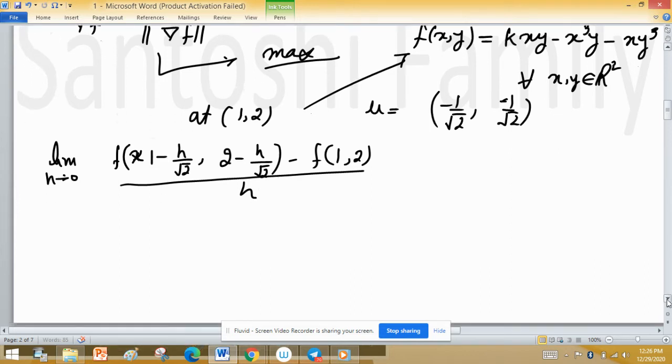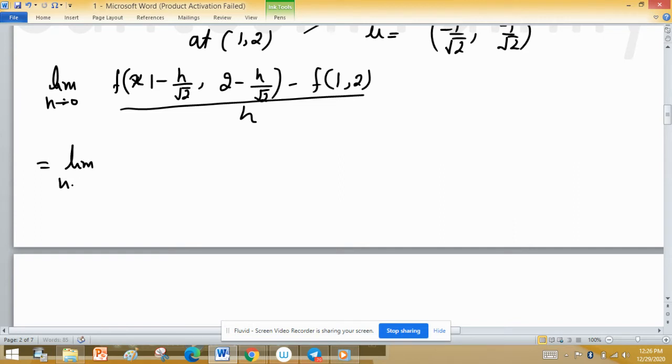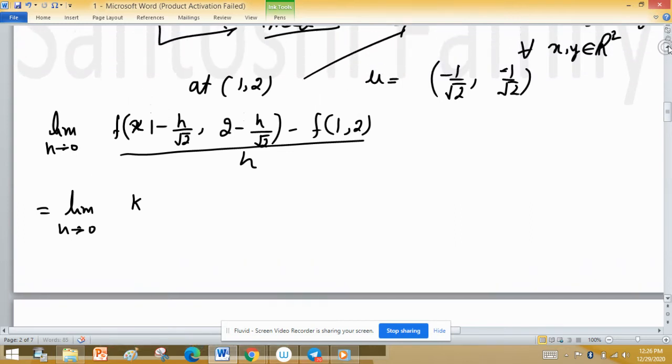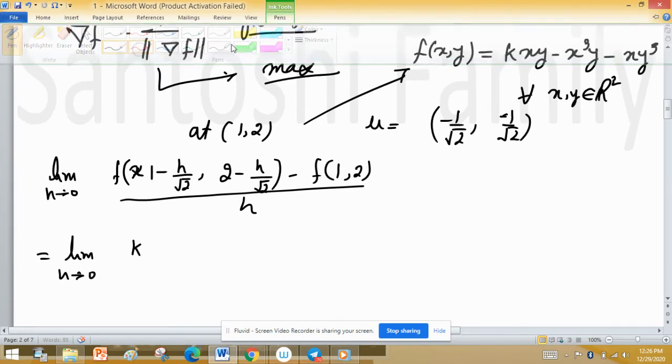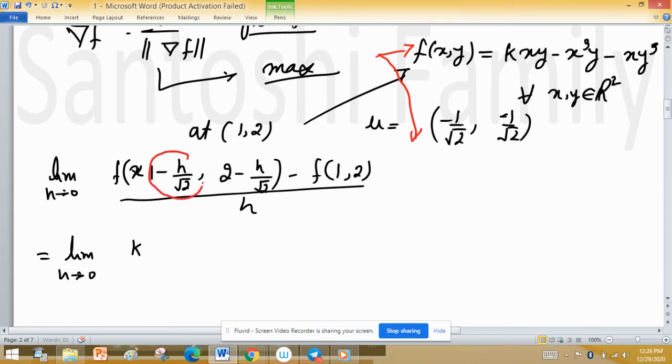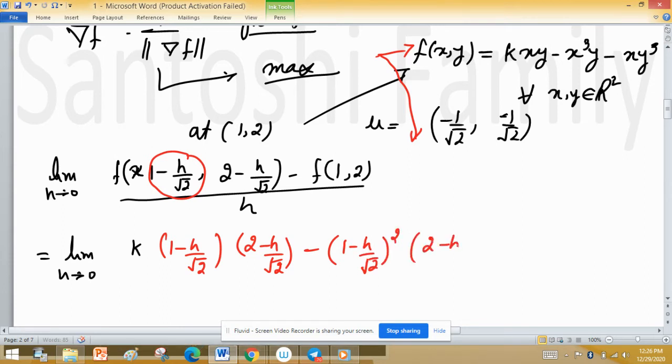Now this is equal to limit h tends to 0 of k times xy, where x is 1 minus h upon root 2 and y is 2 minus h upon root 2, minus (1 minus h upon root 2) square into (2 minus h upon root 2), minus (1 minus h upon root 2) into (2 minus h upon root 2) cube, minus f(1, 2).